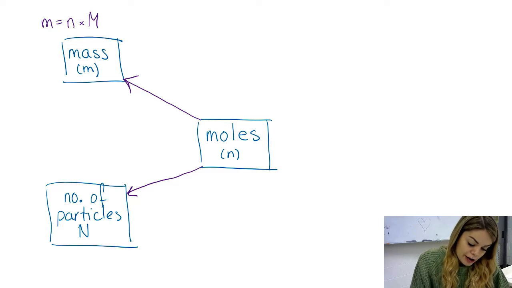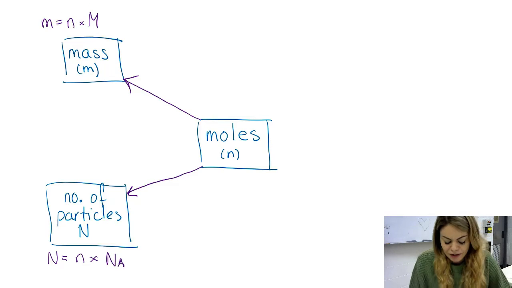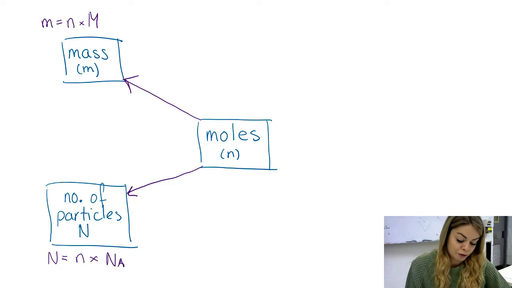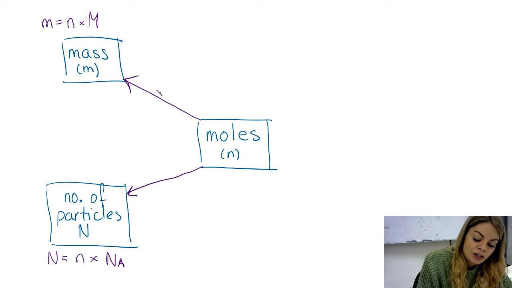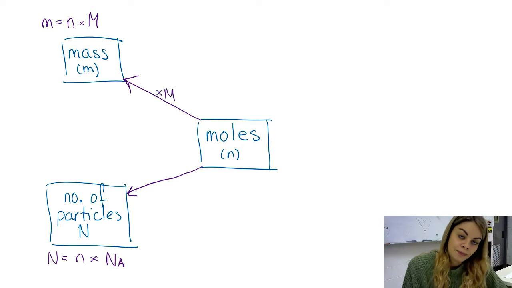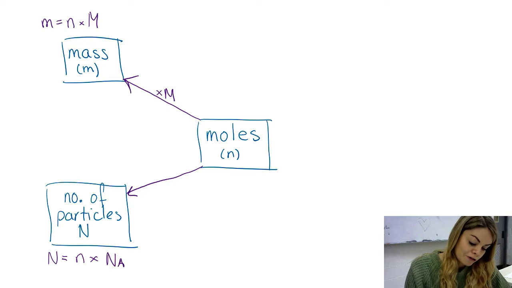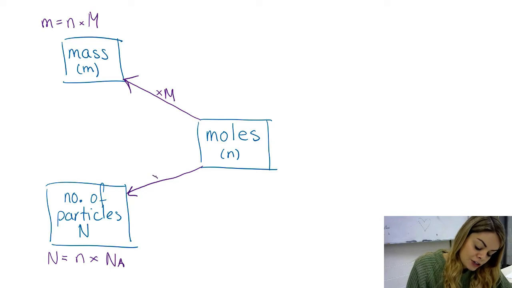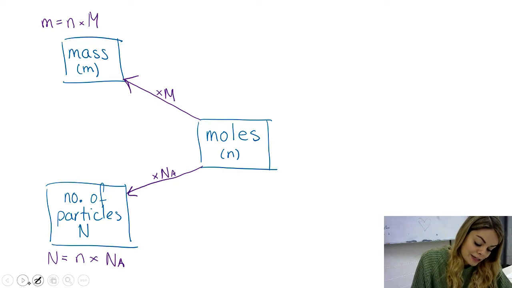We go number of particles equals the number of moles times by Avogadro's number. That one might not even be rearranged. I think it's like that on the formula sheet. Okay, so that means to go from moles to the mass, I need to times by the molar mass. And to go from the number of moles to the number of particles, I need to times by Avogadro's number, 6.02 by 10 to the 23.